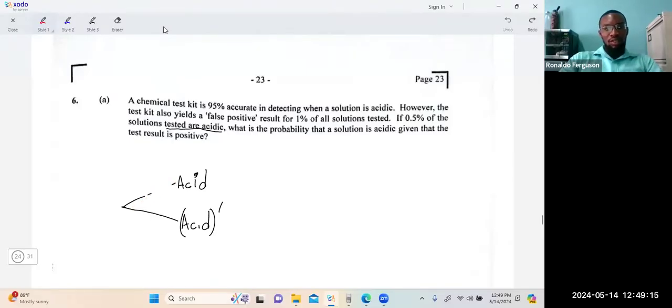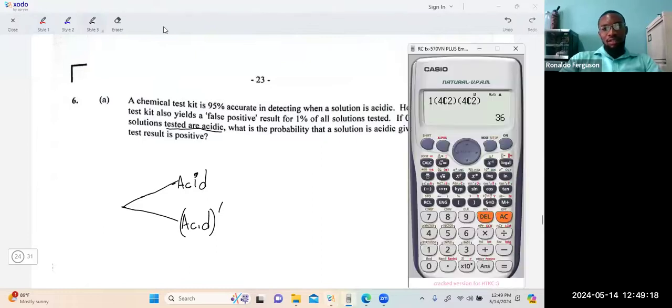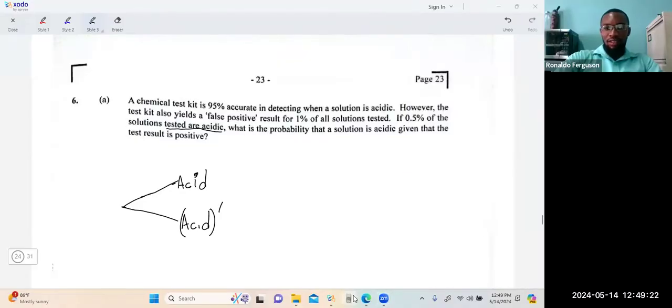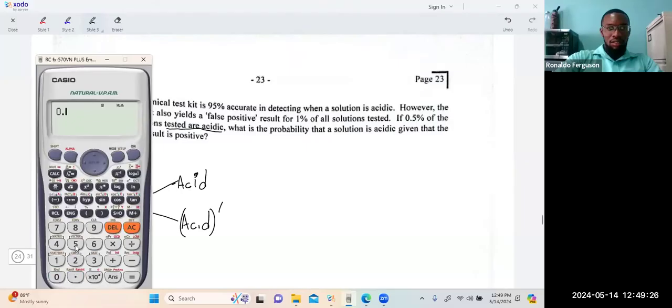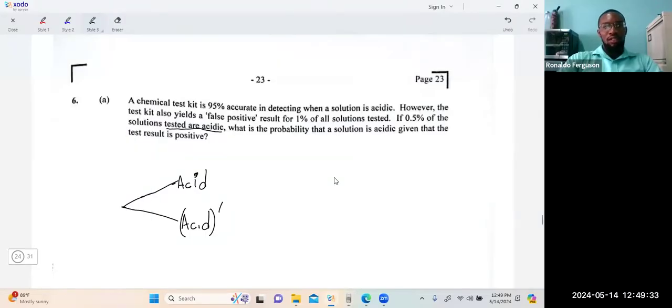So 0.5% are acidic. So I divide 0.5 by 100 to get it as a decimal. This is 1 over 200. So being acidic is 1 over 200.